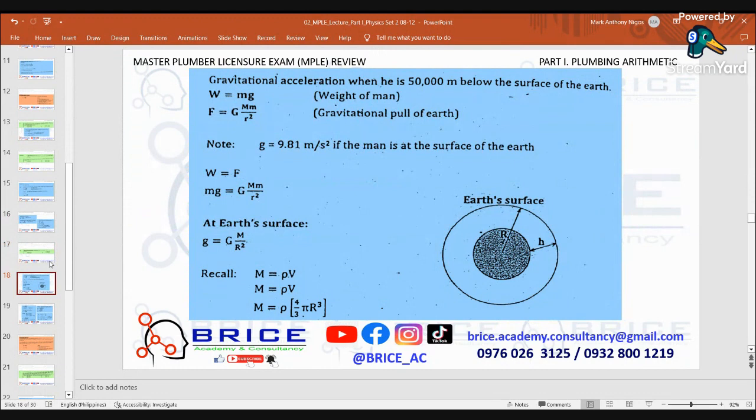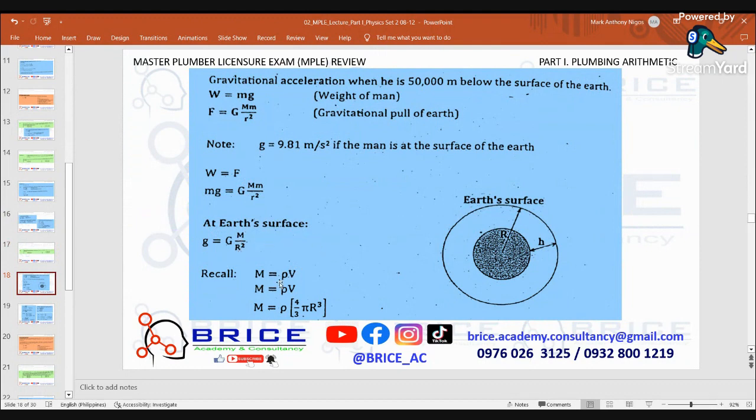Note, g is equal to 9.81 meter per second squared if the man is at the surface of the Earth. W is equal to F. mg is equal to G M m over r squared. At the Earth's surface, g is equal to G times M over r squared.